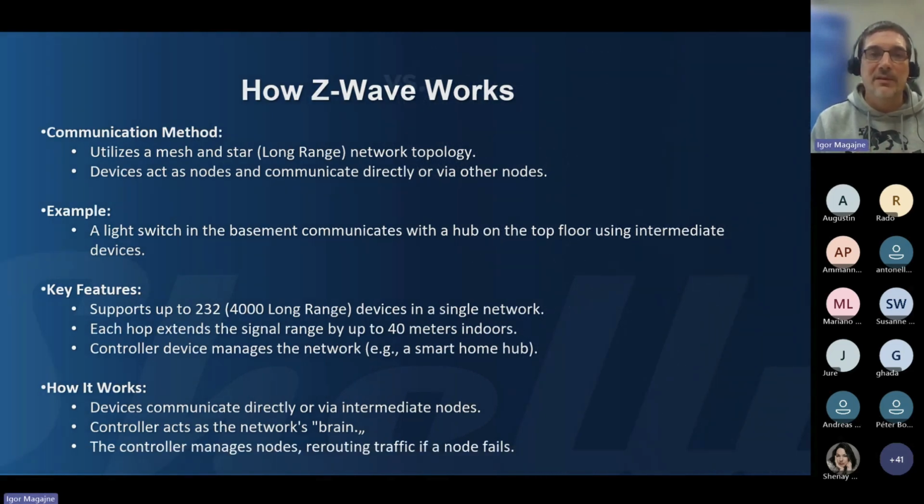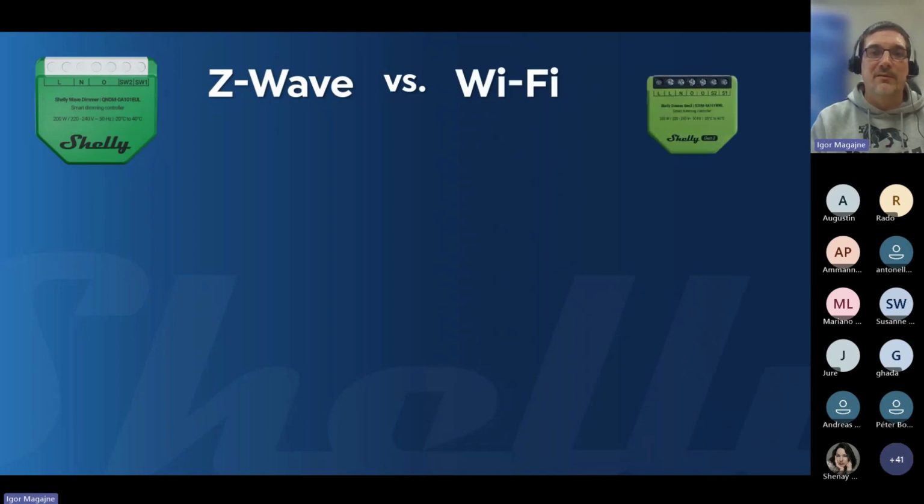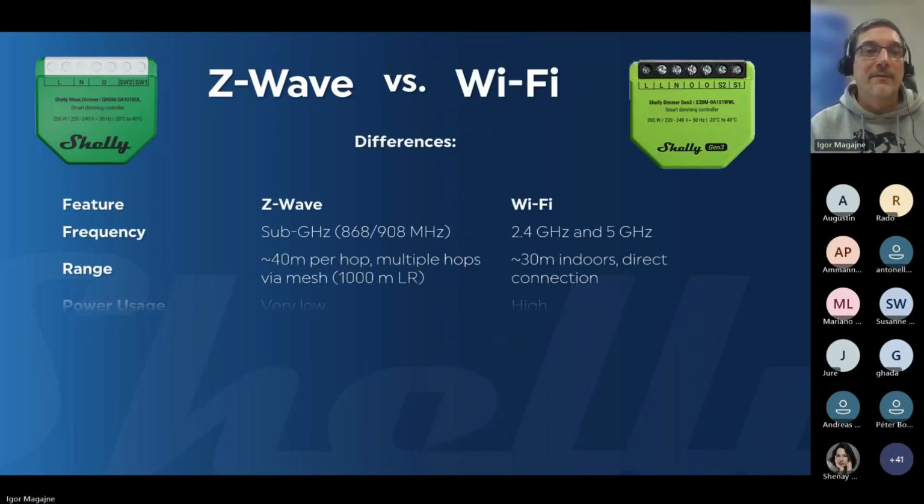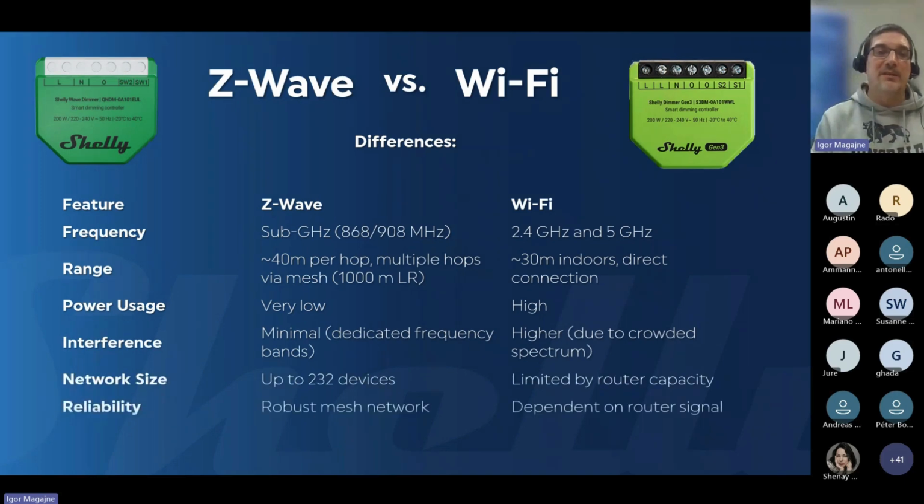A little bit of some differences: Z-Wave versus Wi-Fi. Like we say, there are different frequencies. Z-Wave is sub-gig, they call it, so it's under 1 gigahertz, between 850 and 950 megahertz, depending on the region. Wi-Fi is 2.4 or 5 gigahertz.